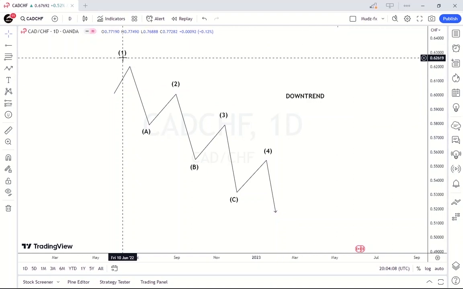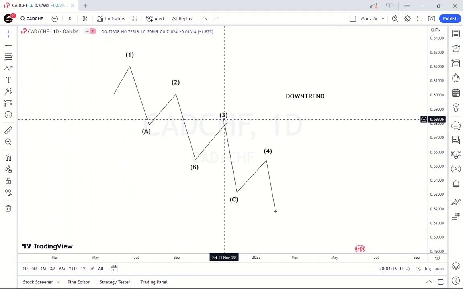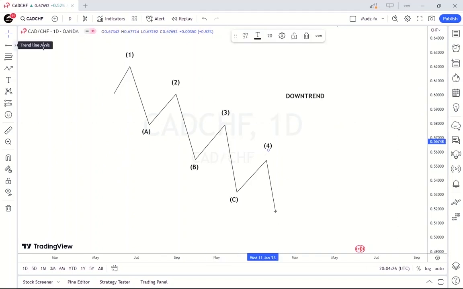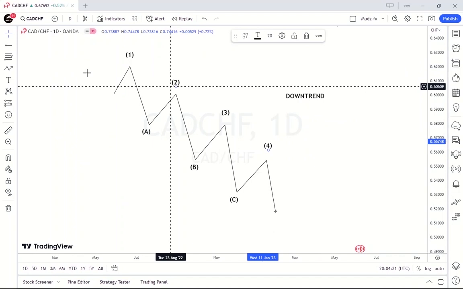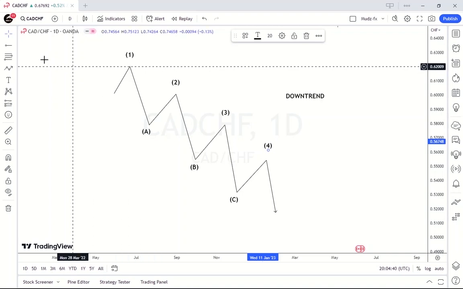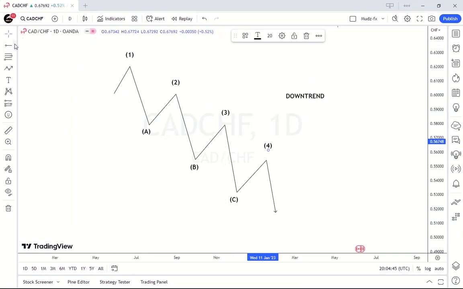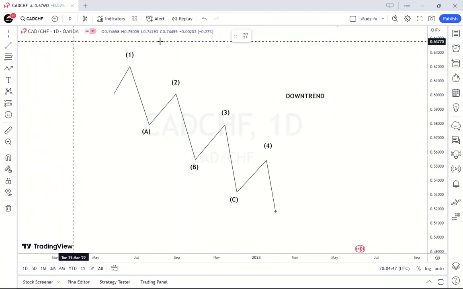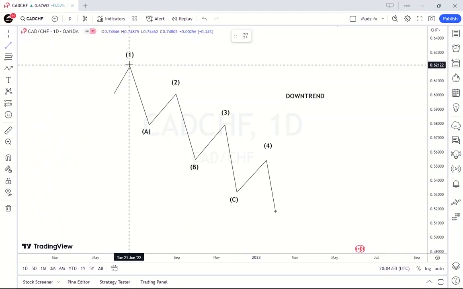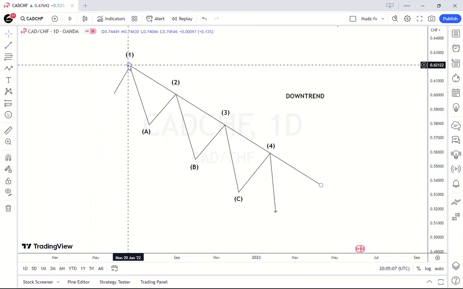Okay, so this is our downtrend, right? It's the opposite of an uptrend. So on a downtrend, we only focus on sales, right? That means we only sell the market when it's moving to the downside, right? So for us to find perfect entries and perfect trends, we have to take our trend line and join it from number 1 to number 2. From number 1 to number 2, right?